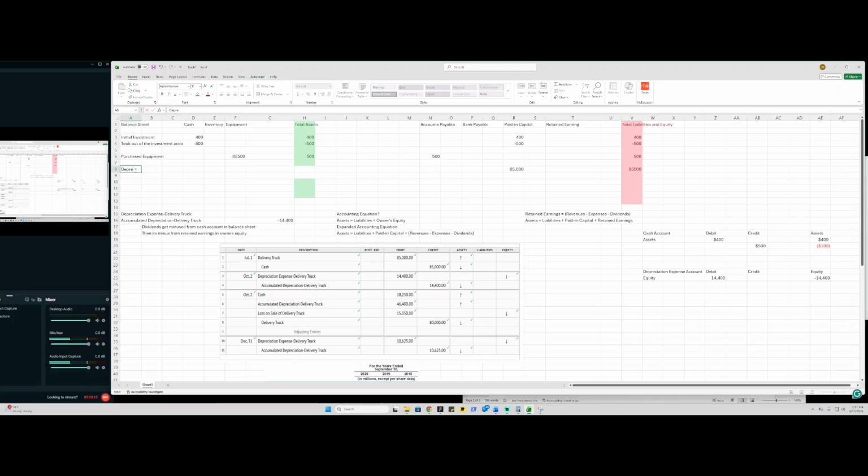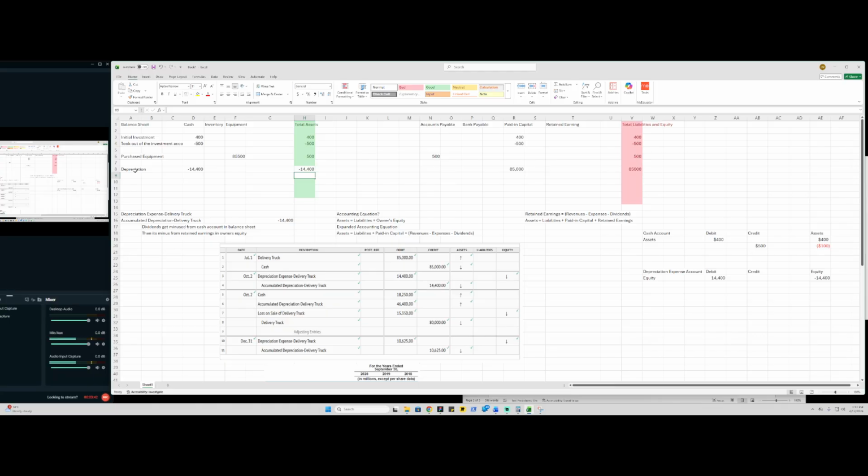Essentially, you would just have the depreciation of all the assets, and then the total of all the assets' depreciation. And actually, this depreciation comes out of the cash account. So let's say that's all you have: depreciation 14,400. Okay.